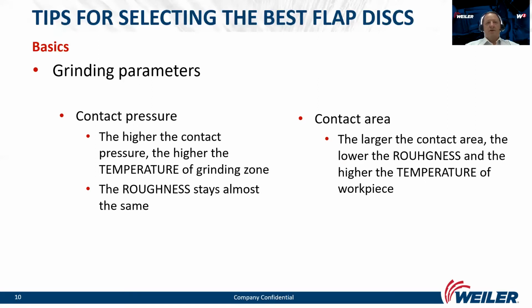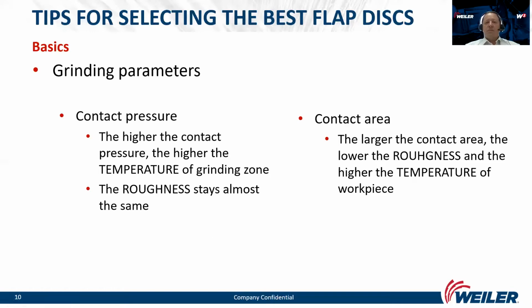Contact pressure. The higher the contact pressure is, the higher the temperature of the grinding zone is. The roughness stays almost on the same level. The higher the contact pressure is, the deeper grains penetrate into the workpiece, and the more lower lying grains come into operation.